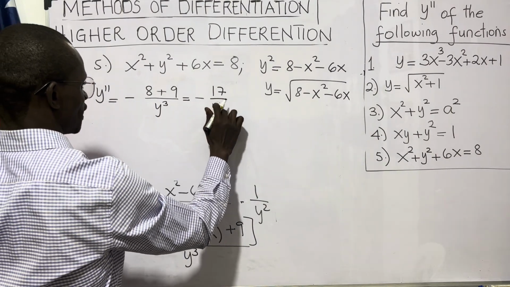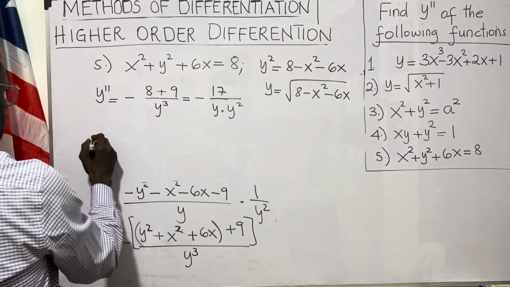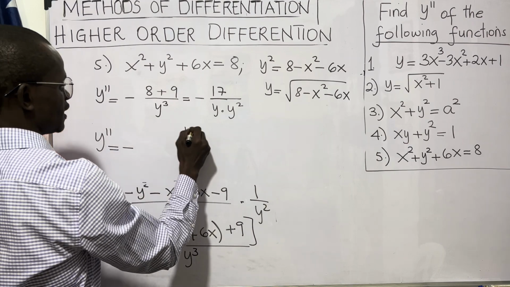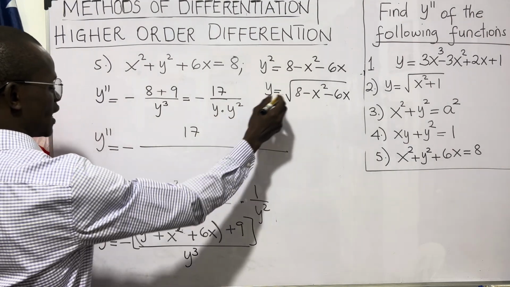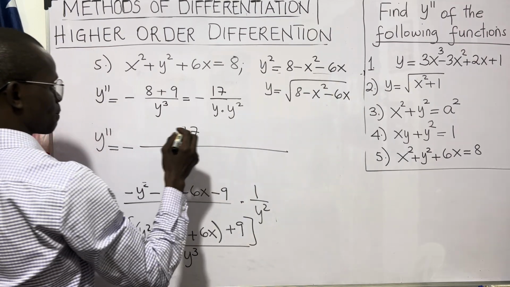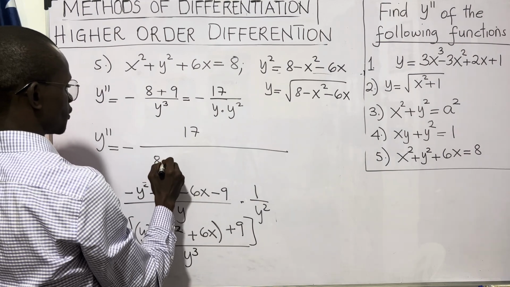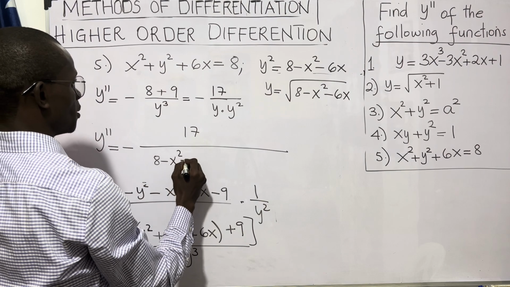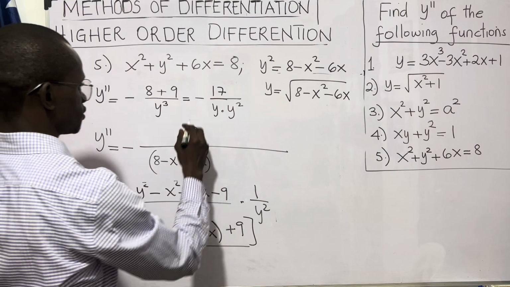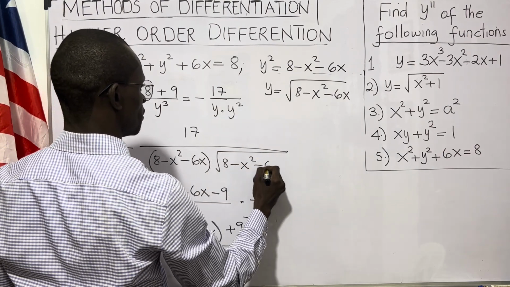So y cubed can be y times y squared. So we simplify the problem further. So this is now negative 17 all over, this y is the square root of this expression, and this y squared is this one. So we just have 8 minus x squared minus 6x times the root of 8 minus x squared minus 6x.